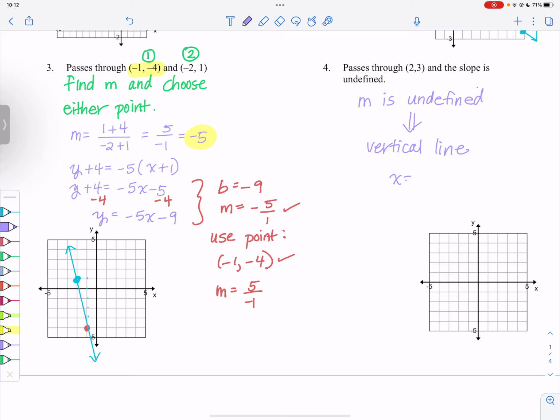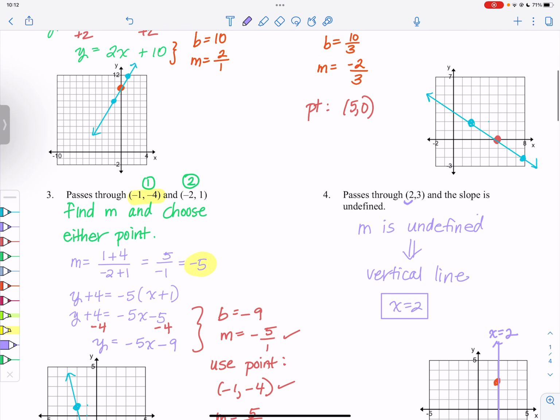So it's going to be x = 2 if it has to pass through this 2 and be vertical. So we could just put (2, 3) on the graph, and then draw our line right through there, and that is x = 2.